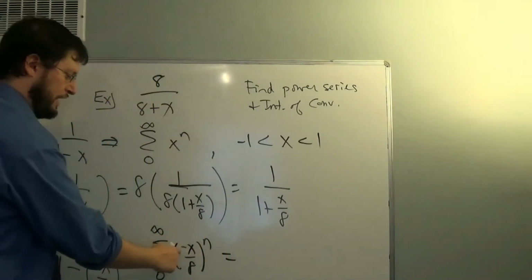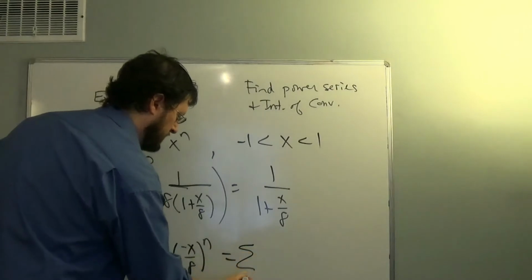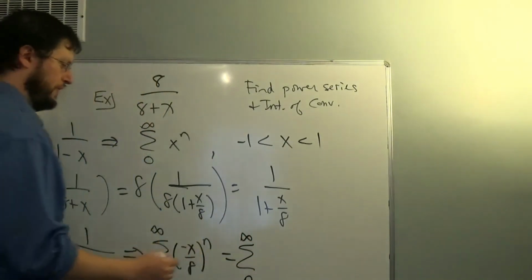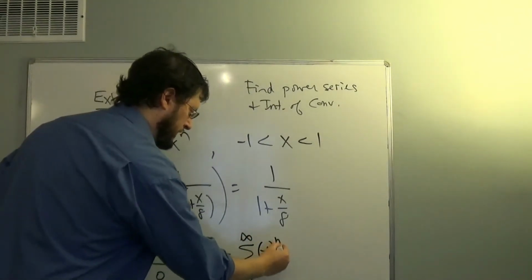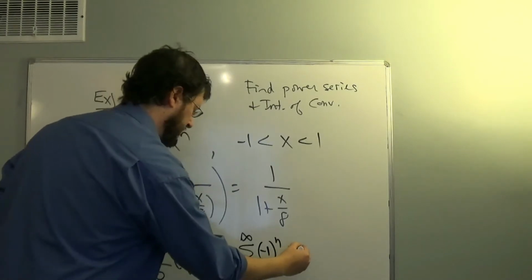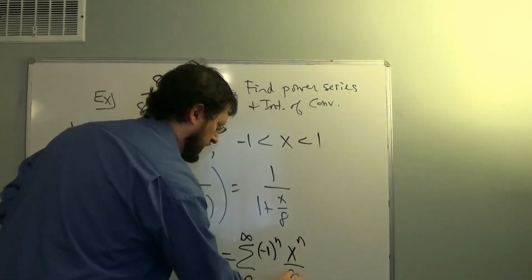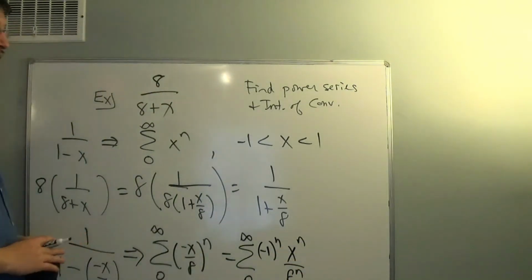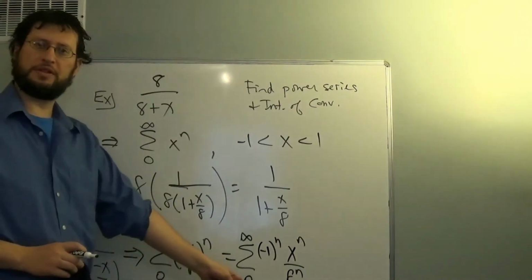Distribute the n to the negative and to the 8, and that becomes the sum from 0 to infinity of -1 to the n, x to the n, over 8 to the n. That is our power series representation.